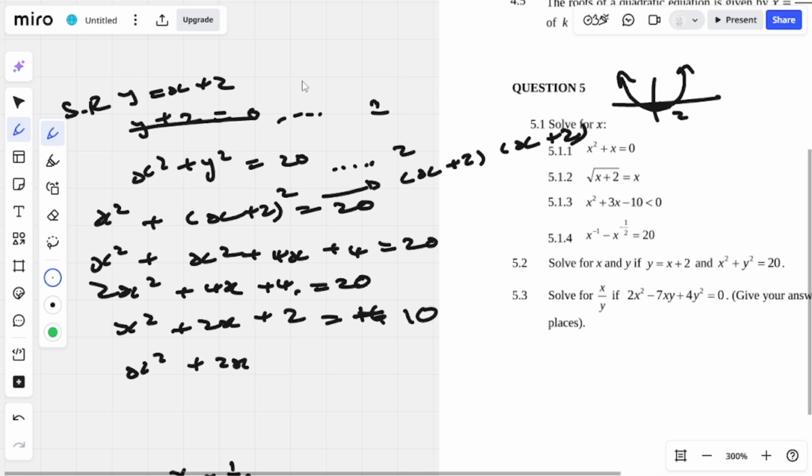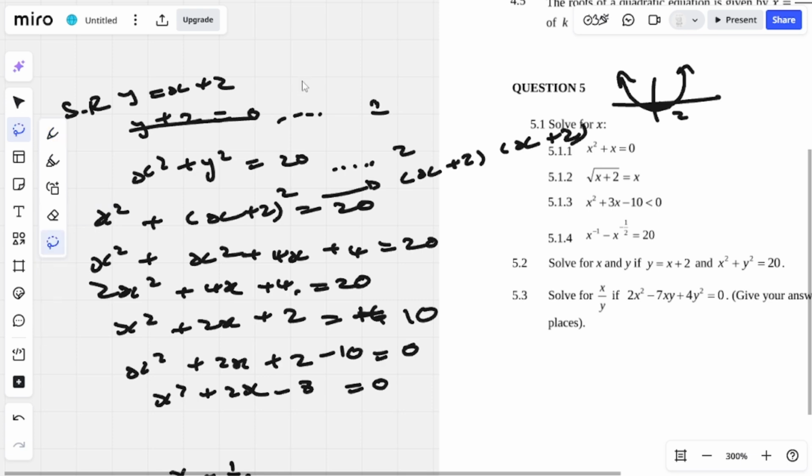Sorry, yeah, this was 2. Subtract both sides by 10, of which I'm going to get 2x minus 8, right? Now, factorize.